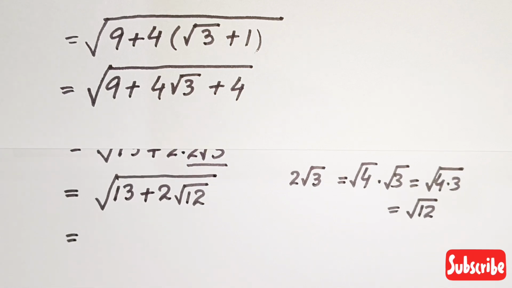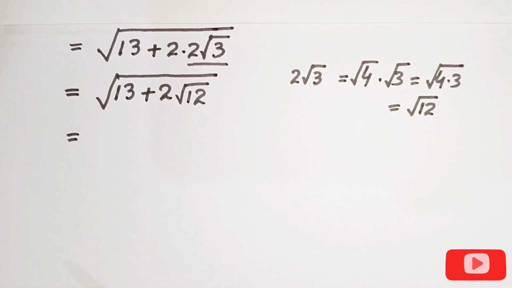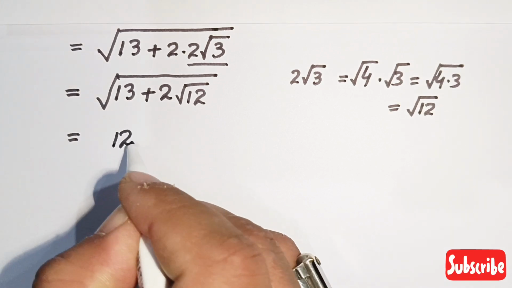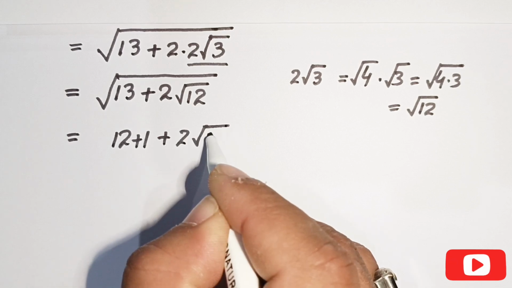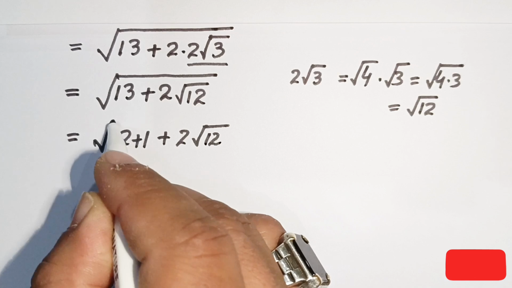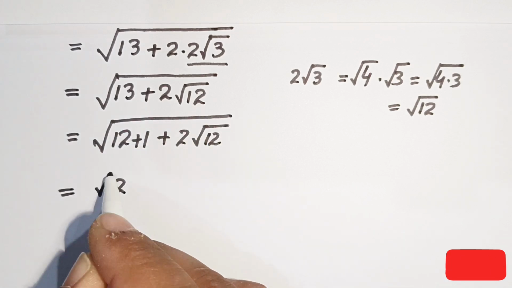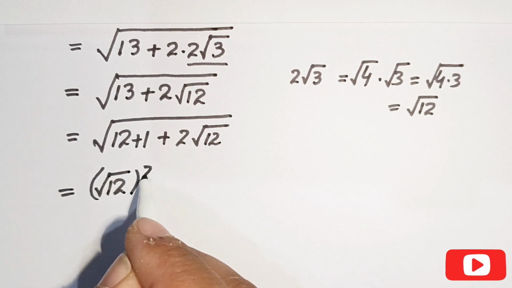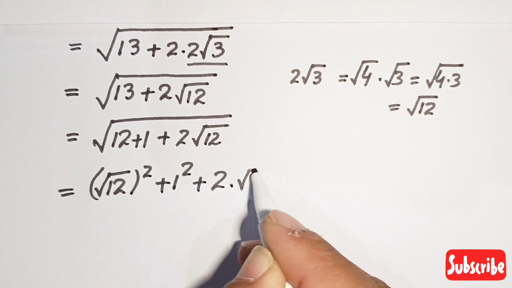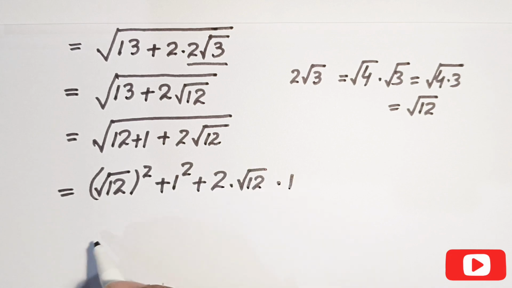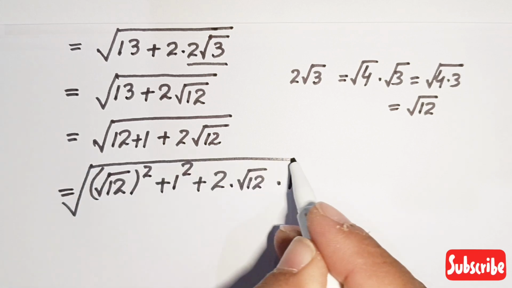Now 13 can also be written as 12 plus 1. So 12 plus 1 plus 2 times square root of 12 whole square root. Now this 12 can be written as square root of 12 whole squared plus 1 squared plus 2 times square root of 12 times 1, whole square root.